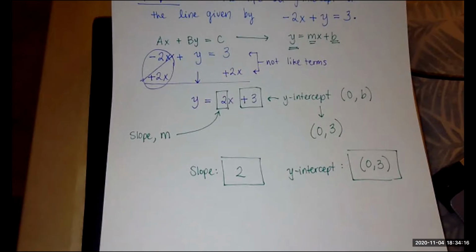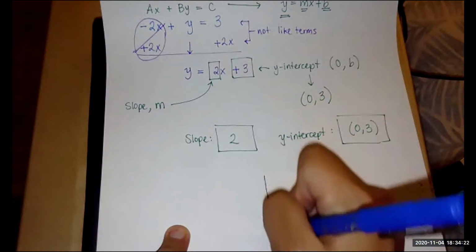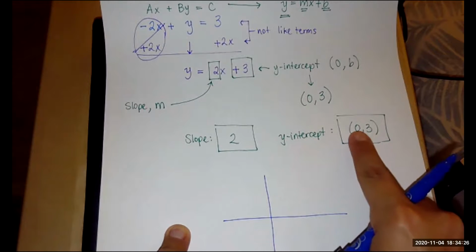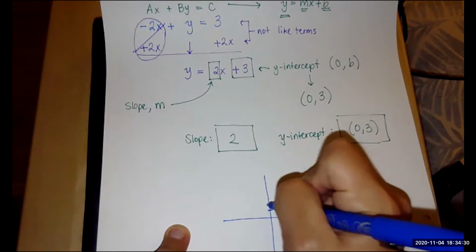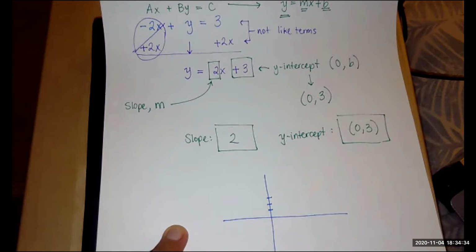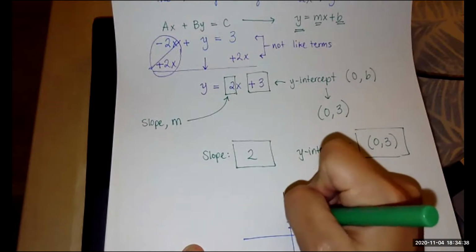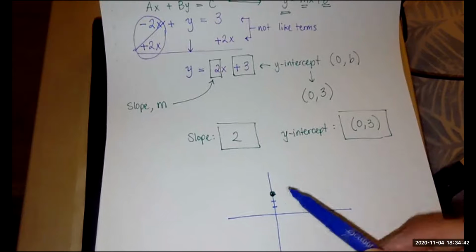Because if we were looking at this graph, and again, it's not asking you to graph it, so you don't have to do that extra work if you don't want to, but the graph of this equation, if the y-intercept is at 0 comma 3, then it'll be up here 1, 2, 3, and I'll have a dot right there.